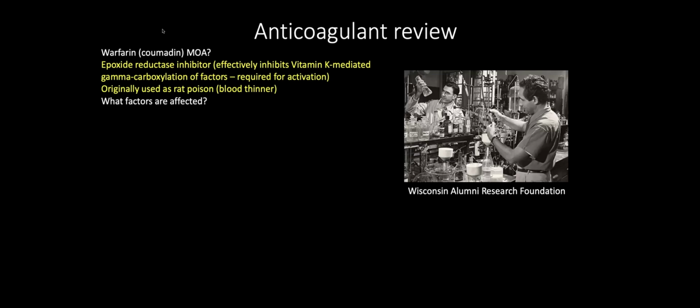The way I always remember what factors are affected with warfarin or Coumadin is, I imagine a basketball player, someone who is the star of the team, like LeBron James or Giannis, if we're sticking with Wisconsin. I think of them having a near triple double. That's like 27 points, 9 rebounds, 10 assists.